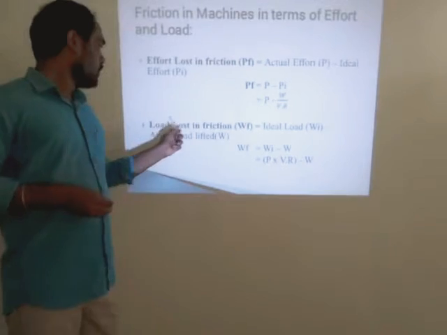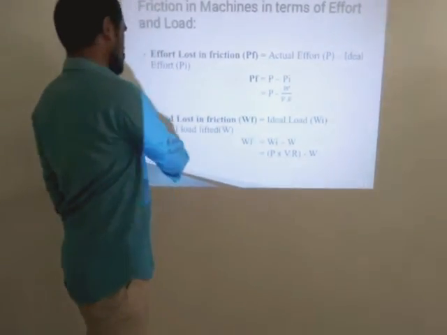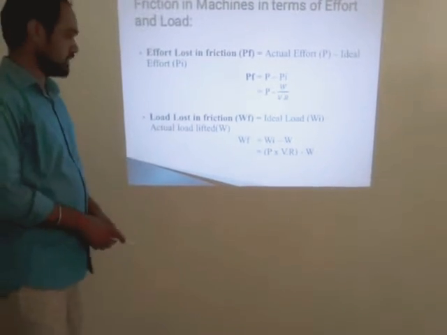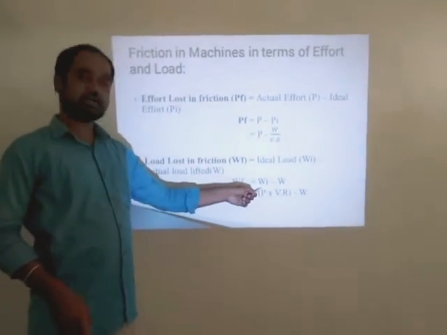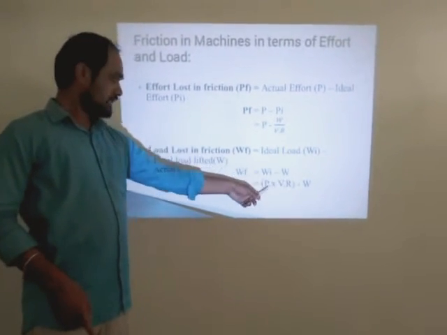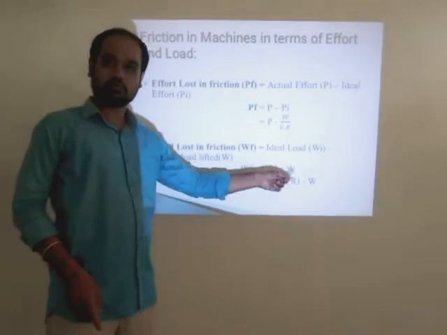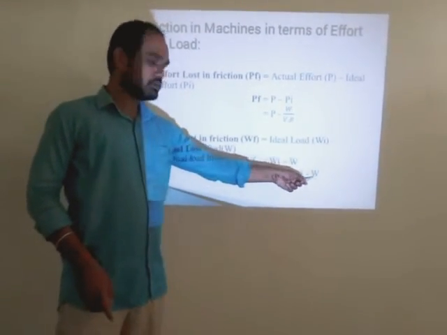Hence, load loss in friction is calculated as ideal load minus actual load, that is, Wi minus W. Wi is calculated as P into Vr. In the previous slide, we saw Wi, where Vr is the velocity ratio and W is the load.